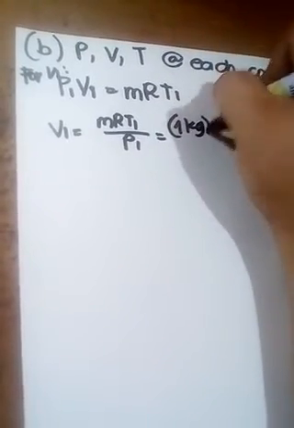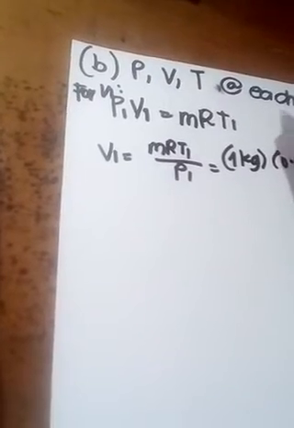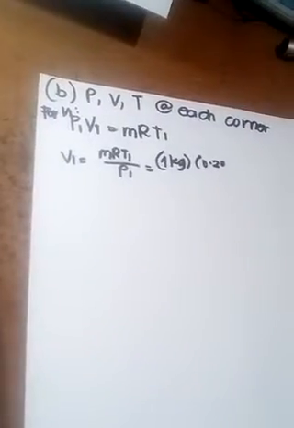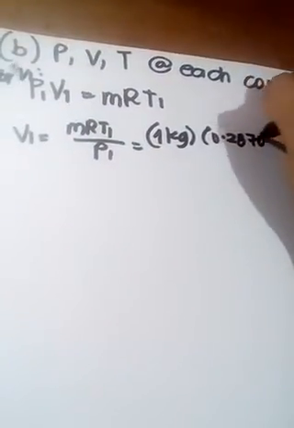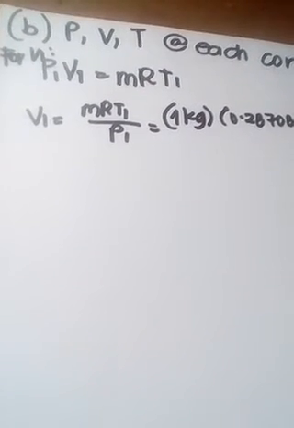The mass is 1 kilogram and the R is 0.28708, if I'm not mistaken, kilopascal meter cubed per kilogram Kelvin, times 333.45 degrees Kelvin.